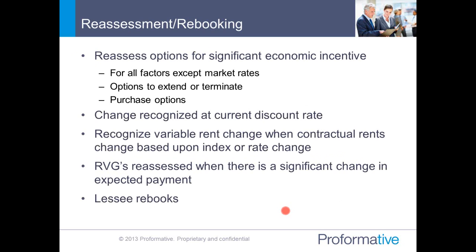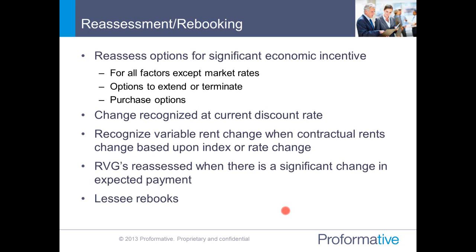Another example is that you only have to pay rent if the sun comes up tomorrow morning. Well, that would not be considered a variable rent. Now, the lessee will have to reassess any of the estimated rents and would have to rebook the lease in the case that any of them change.